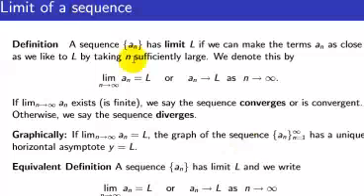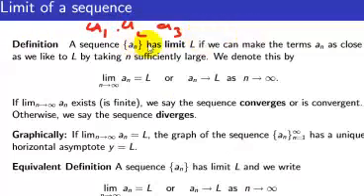Hey guys, in this video we are going to discuss the limit of a sequence. Suppose we have a sequence, and this is the general term. This represents a list of numbers: a sub 1, a sub 2, a sub 3, and so on.